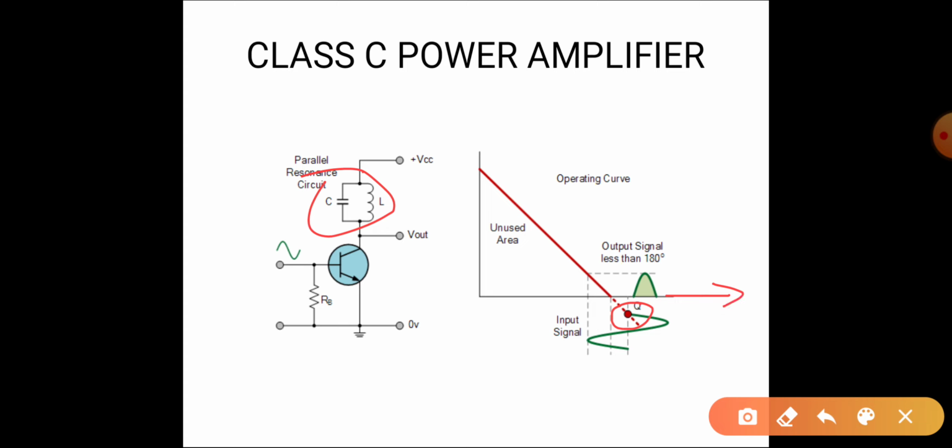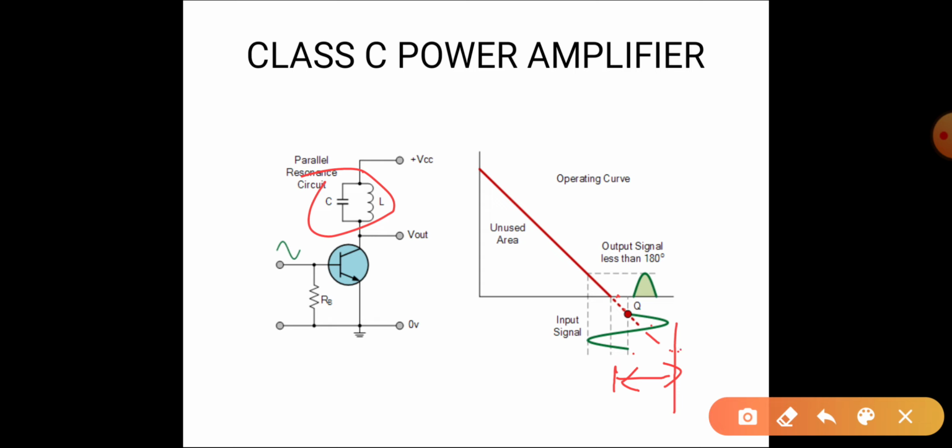Naturally the signal will not flow for 360 degrees of your input signal, because the large part from this to this is cut off.